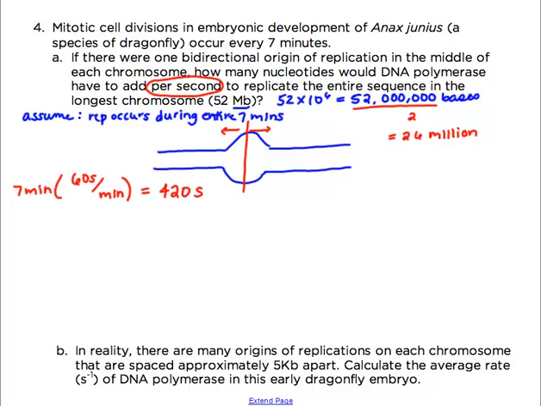And DNA polymerase has to replicate 26 million bases in those 420 seconds. So to find the rate of DNA polymerase, you do 26 million divided by 420 seconds. And this, remember, is bases.